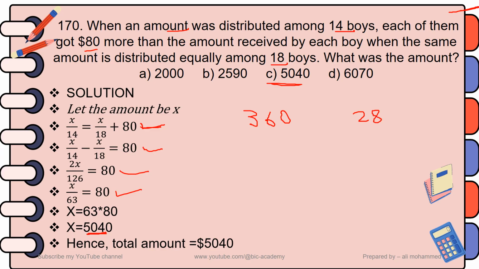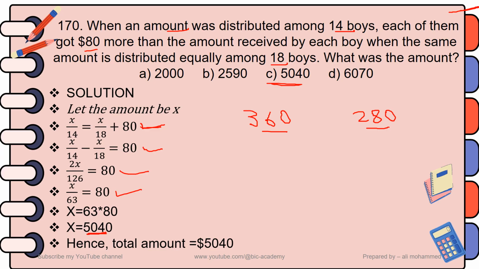So when you divide 5,040 among 14 boys, each gets 360, and when you divide 5,040 among 18 boys, each boy gets 280. The difference between the two is 80.